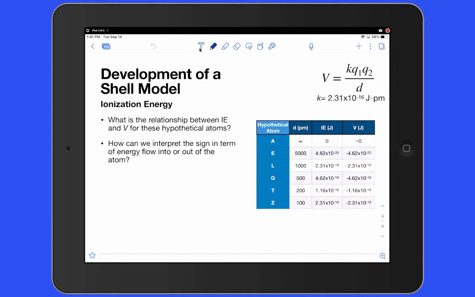We see that if we go down, the distances get smaller. And as a result of that, the potential energy gets technically smaller, but if we read it as the negative sign meaning an attraction, and the magnitude being the size, the attraction as we get closer together is getting larger.